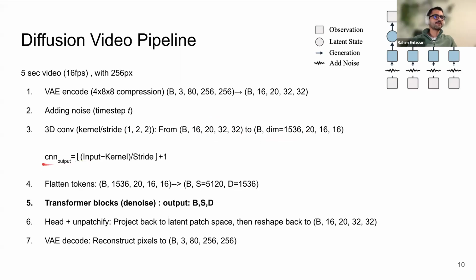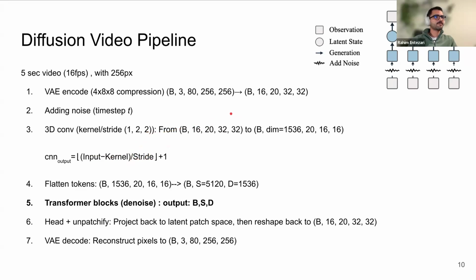If you want to get the output size of a CNN, you have the input minus kernel, divided by stride, plus 1. So for example, if this is 20 by 32 by 32, take 32, which is the input, minus the kernel, which is 2, so 32 minus 2 is 30, divided by the stride, which is again 2.